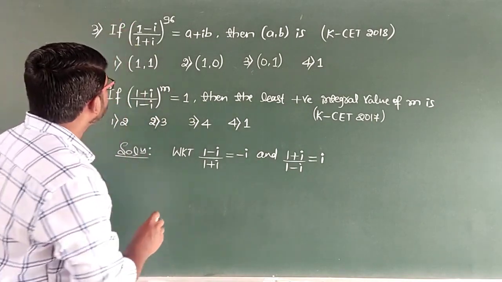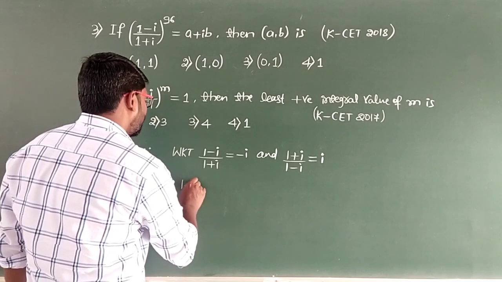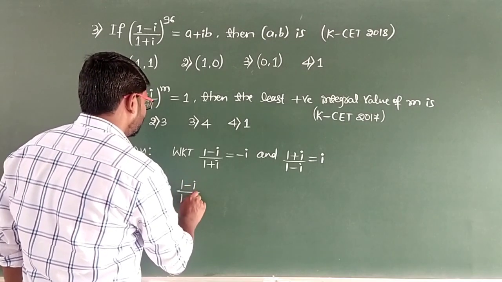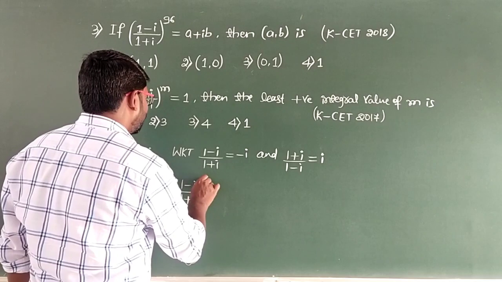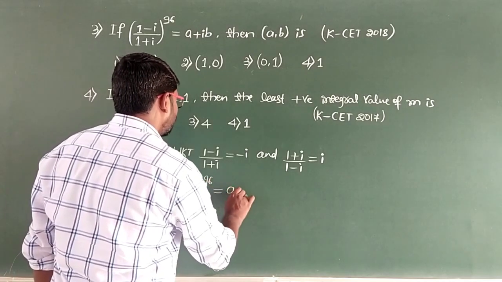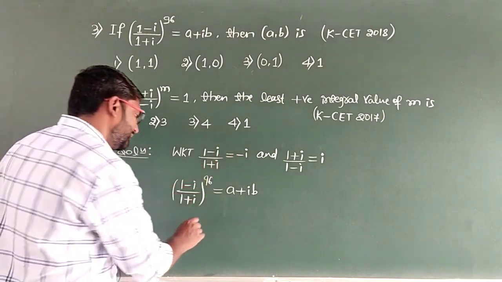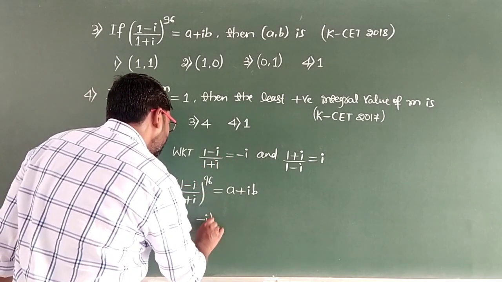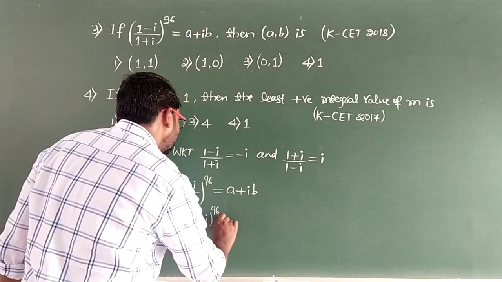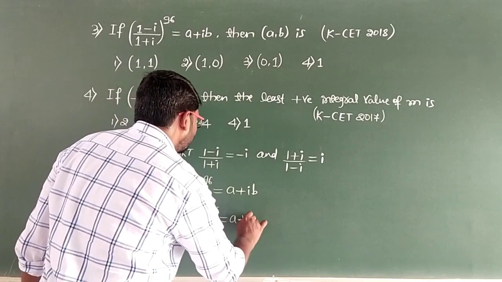So now I will take 1 minus i by 1 plus i to the power 96, which is equal to a plus ib. Then what is this value now? It is minus i. So minus i to the power 96 is equal to a plus ib.